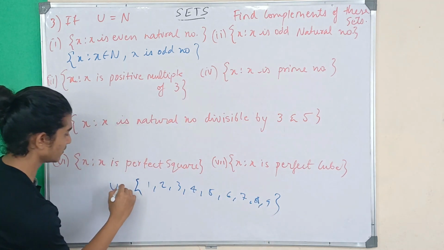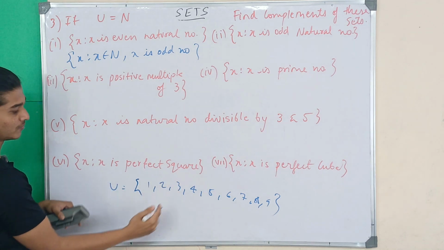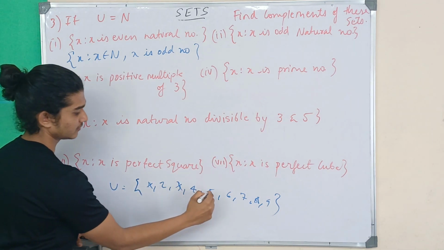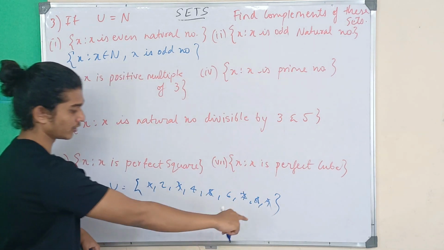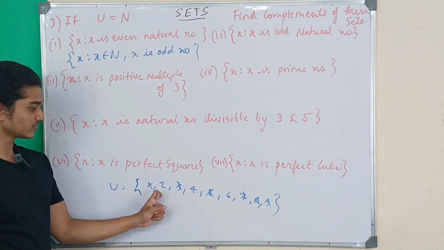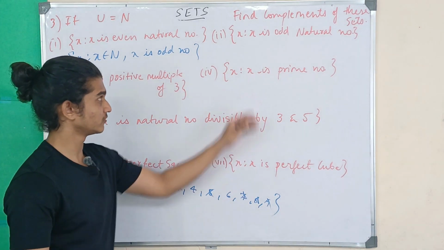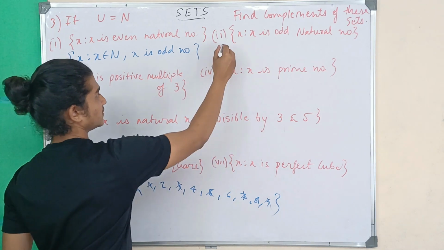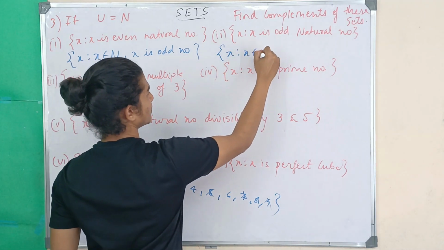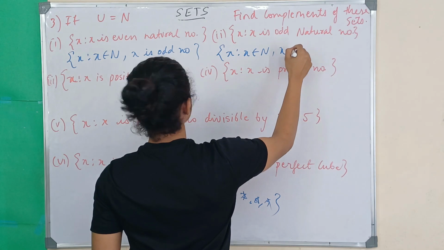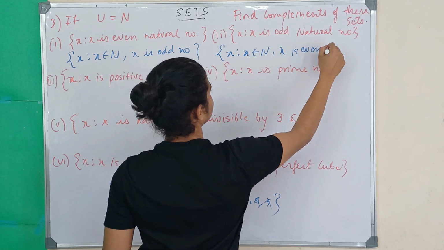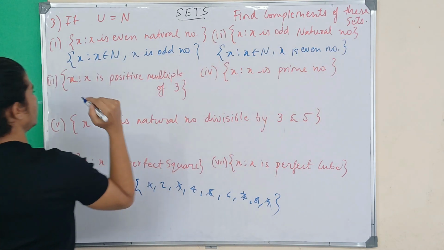This is your universal set. If you remove 1, 3, 5, 7, 9, what numbers are you left with? Even numbers, 2, 4, 6, 8. So the answer for this is the set of all x such that x belongs to natural numbers and x is an even number. That's all. Next one.